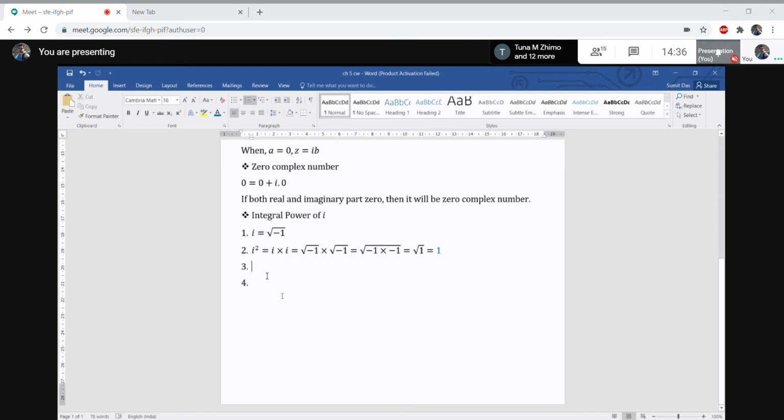Then i cube. What will be the value of i cube? The i cube value will be i square into i. What is the value of i square? We got 1 into i, which is equal to i. So the i cube value is i. Okay.